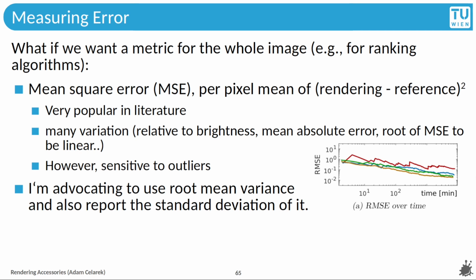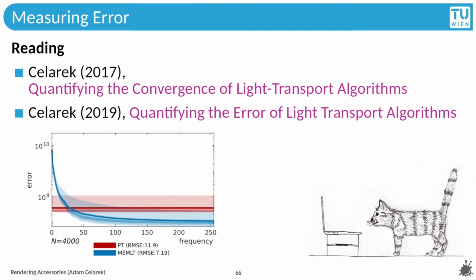So I'm advocating to use the root of mean variance, where the variance is estimated per pixel. Here are some reading links. The first one is a diploma thesis and the second one a paper. Both roughly cover the same methods, which also includes a plot of error over frequencies, but the first one is a bit more comprehensive.